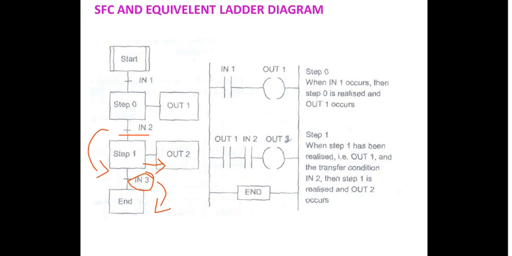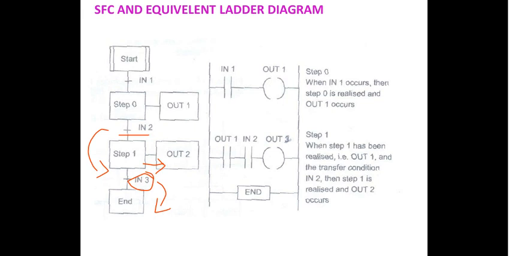Now you should be able to realize the same thing with the help of the ladder diagram. Start: it is always this junction, as you have already come across earlier. It represents the start of a new rung, so start is already taken care of there. Then the input there, IN1.